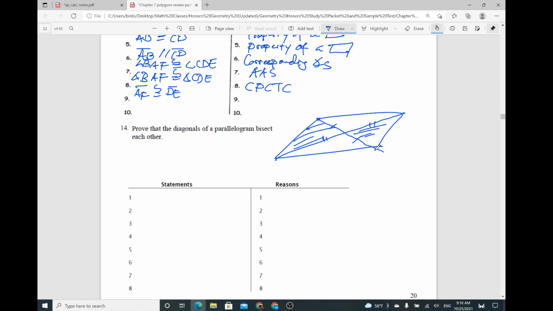Then we can show that the segments are congruent by using CPCTC, using the special properties of a parallelogram: alternate interior angles, opposite segments congruent, vertical angles. This one could be proved by angle-side-angle again. So try that with the proof.